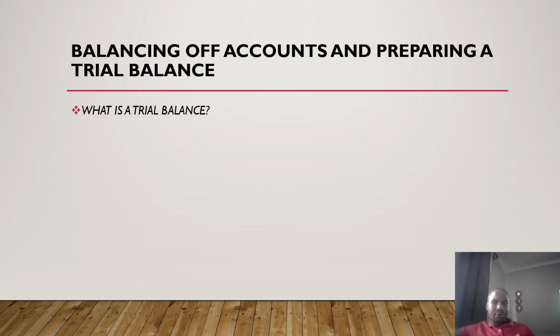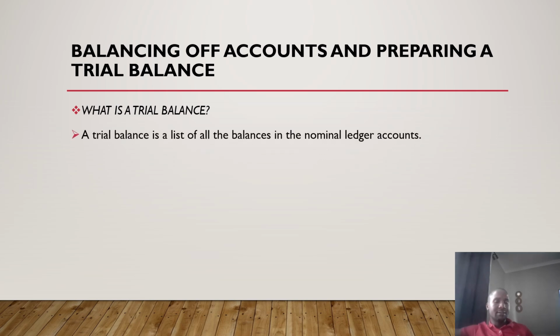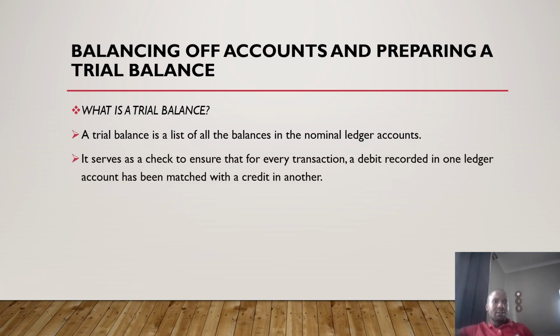Now that we have mentioned the term trial balance, some of you might be asking yourselves, what is the trial balance? As the word itself suggests, a trial balance is simply a list of all the balances in the nominal ledger accounts. So this serves as a check to ensure that for every transaction, a debit recorded in one ledger account has been matched with a credit in another record.